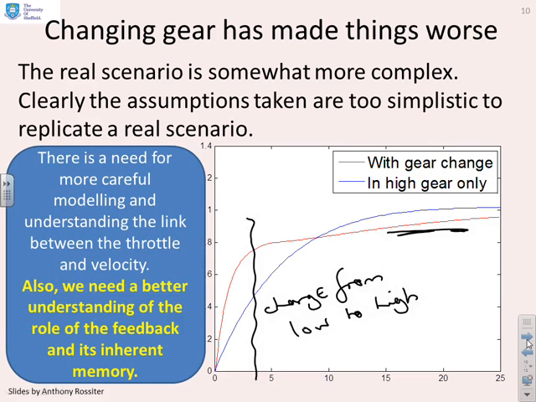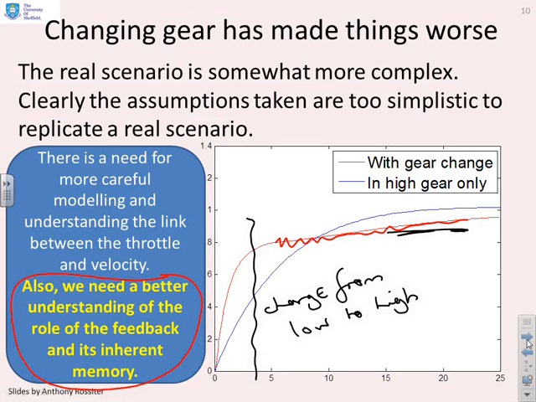Okay? Why is that? Well, there's a need for more careful modelling and understanding the link between the throttle and the velocity. And we also, and this is key, we need a better understanding of the role of the feedback in this process, and the fact that feedback has memory implicit in the integral. And the reason we've got this strange behavior down here where it's really slow to settle is all linked to how the integral works.